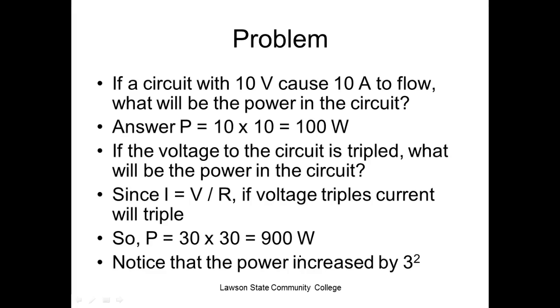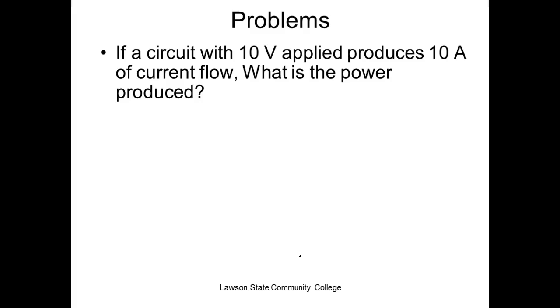If I took 10 to the second and multiply it by 20, that's going to be 10 to the fourth, which is 10,000, which is the same as 100 squared. Power varies with the square of the voltage. So if I can measure the voltage, I can calculate the power gain by using another little formula.